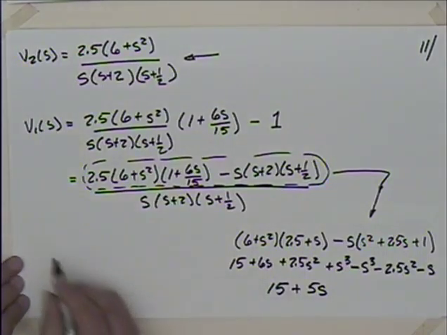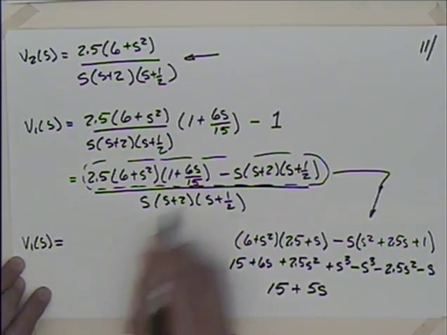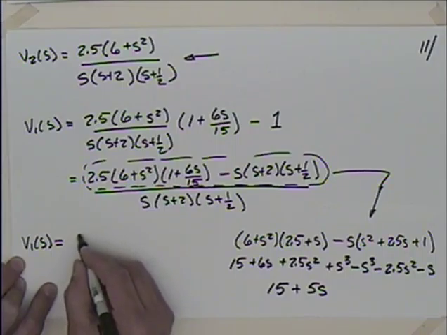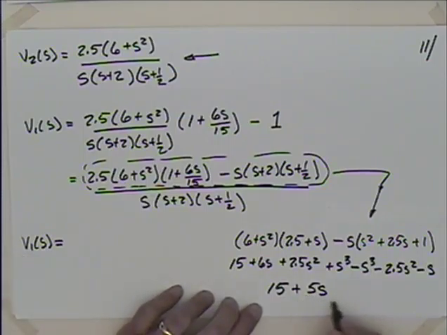So I've got then that V1 in the S domain would be equal to, this was just the numerator, so that turns out to be 5 plus, so I could actually even factor out a 5 out of that, couldn't I? Really get sophisticated here.